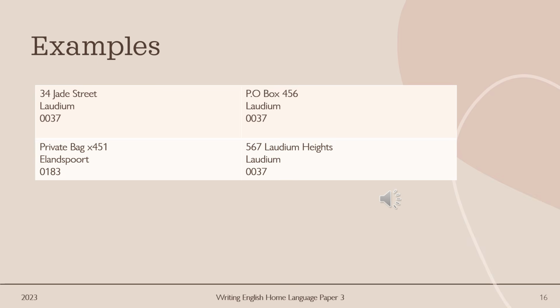As you can see, you will write either a street address, or a postal box address, or a private bag address, or a building address, and you use 3 steps, where the first one is the number of the place you are sending the letter to, the second is the area, and the last one is the postal code.